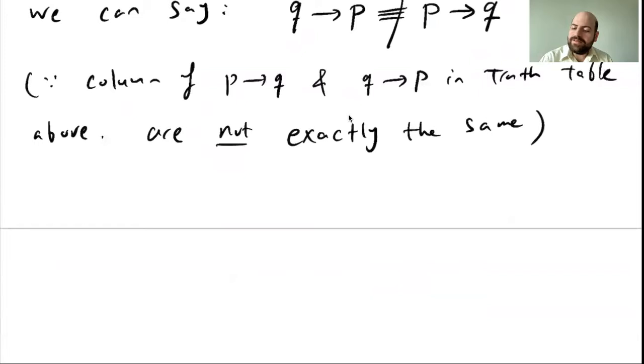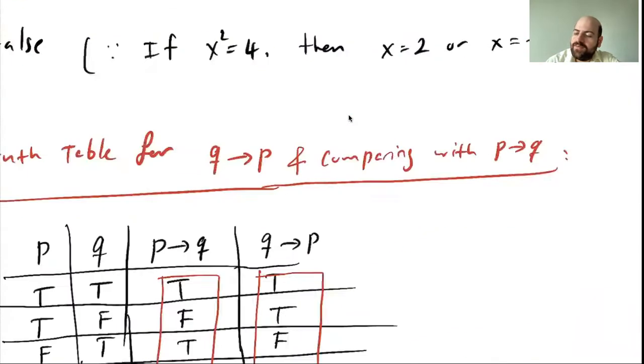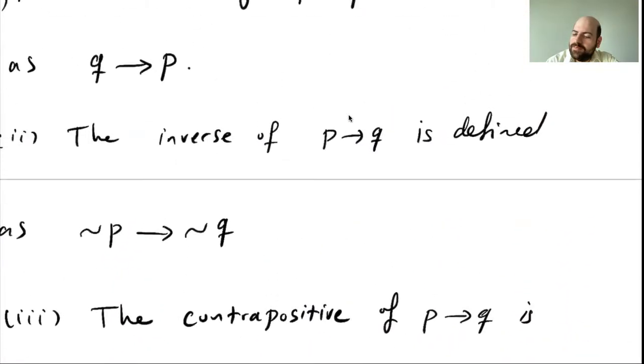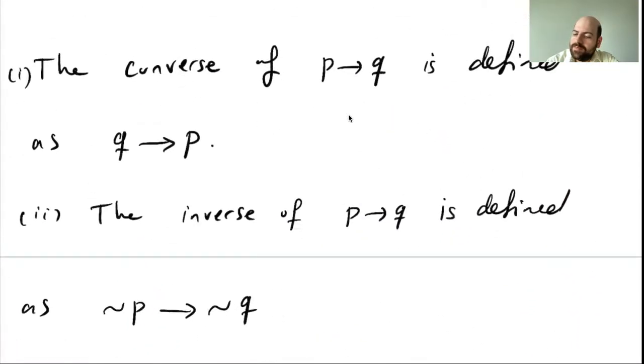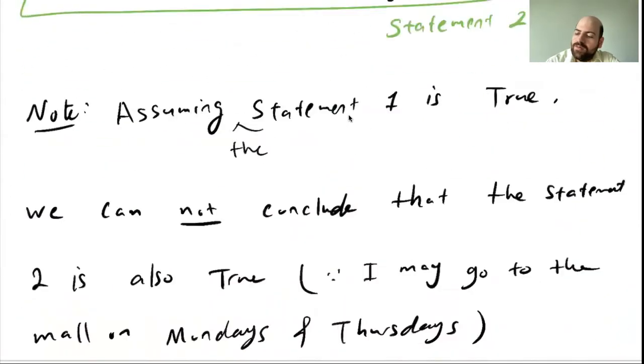All right, now let's look at inverse. In the case of inverse of P implies Q, we already provided the definition. Let's look at the definition one more time. Here, inverse of P implies Q is defined as negation P implies negation Q. So let's look at this example again. If it's Monday, then I go to the mall.